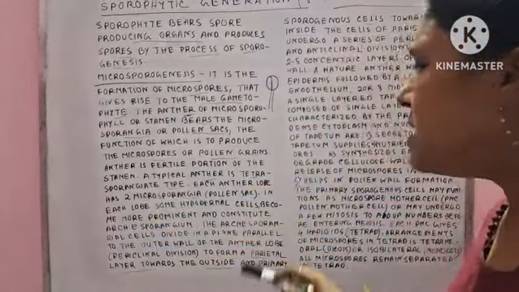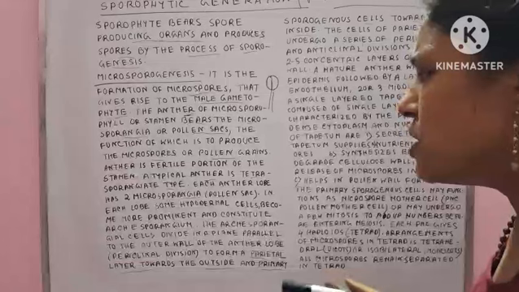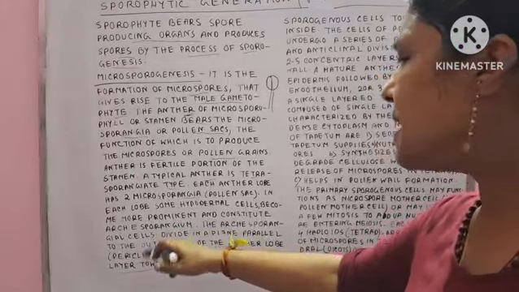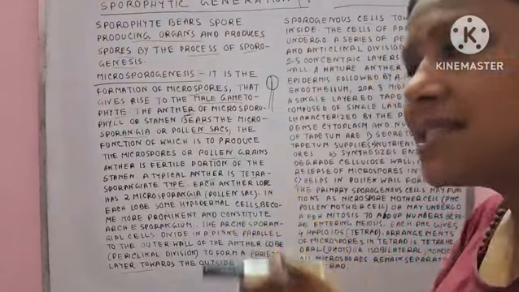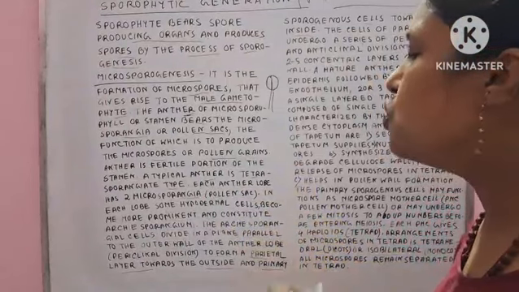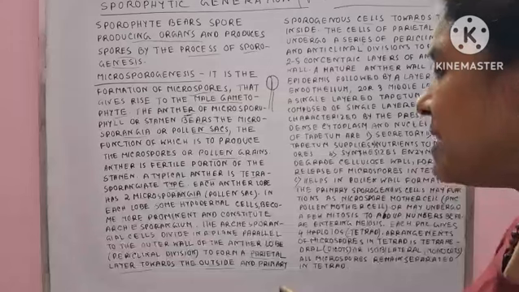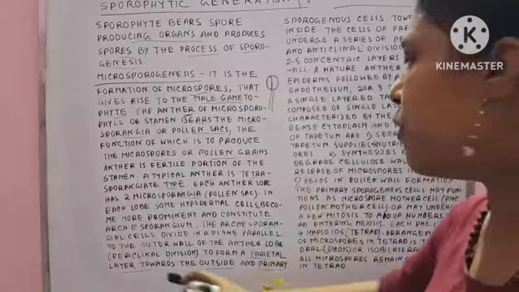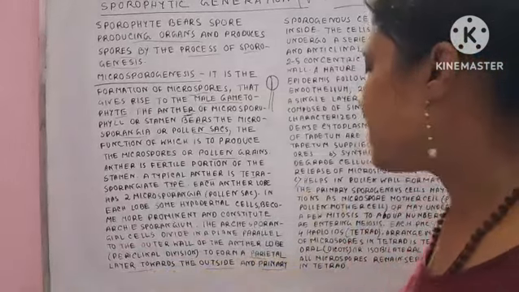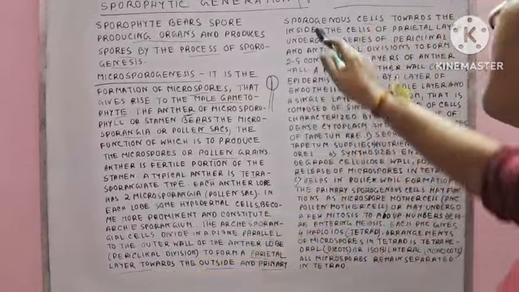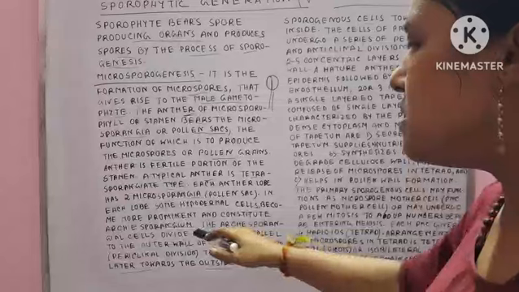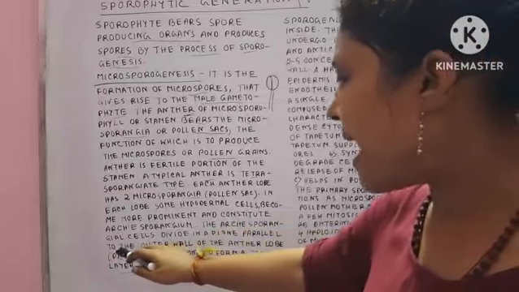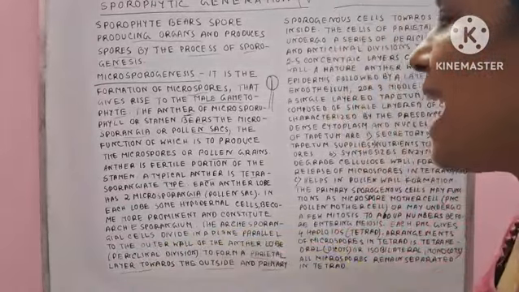Clear? What is the function of these archisporangial cells? They divide in two directions, towards the outside and towards the inside. In the outside they divide to form a parietal layer, and in the inside they form the primary sporogenous cells.